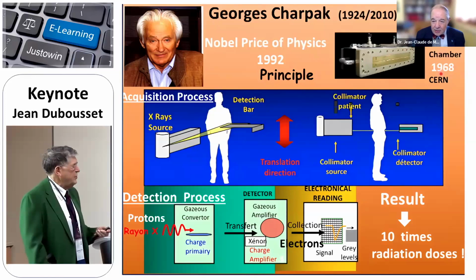It was work with a Nobel Prize; the Nobel Prize was in 92, but the work was in 68. And we use this principle to have a diminution of X-ray irradiation. At the beginning, it was 10 times less radiation, and today we are at 25 times diminution of radiation.